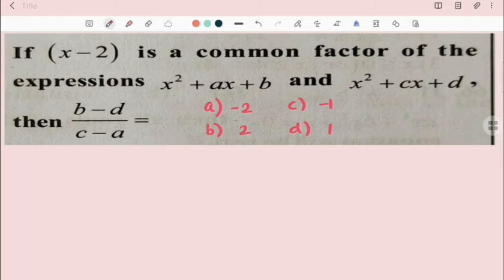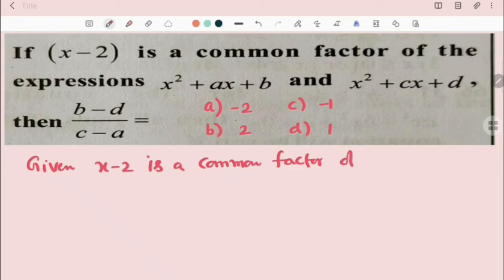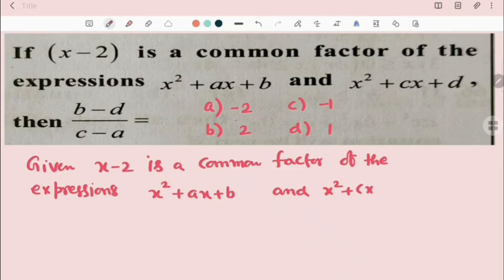Given x minus 2 is a common factor of the expressions x square plus ax plus b and x square plus cx plus d.